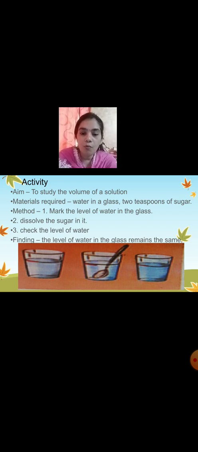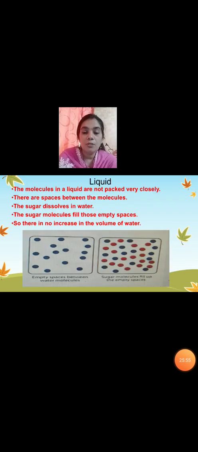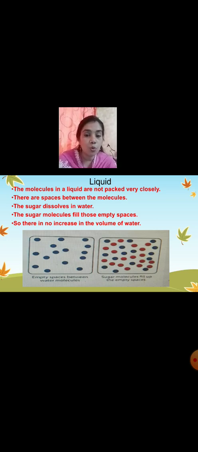So the volume of water remains the same. Here we can see the picture of the molecules of the liquid, how loosely packed they are. In the second picture, when we add the sugar to that liquid, it fills those empty spaces. So there is no increase in the volume of water.